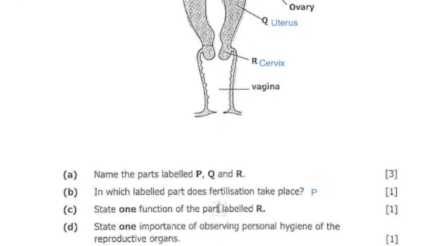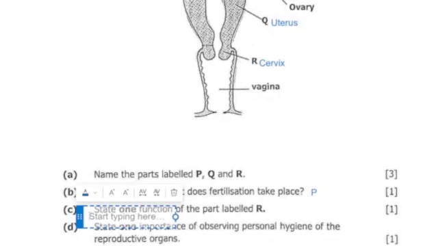We come to state one function of the part labeled R. R is the cervix. The function of the cervix is to prevent miscarriage. So we can say to prevent miscarriage, so that a person does not miscarry.